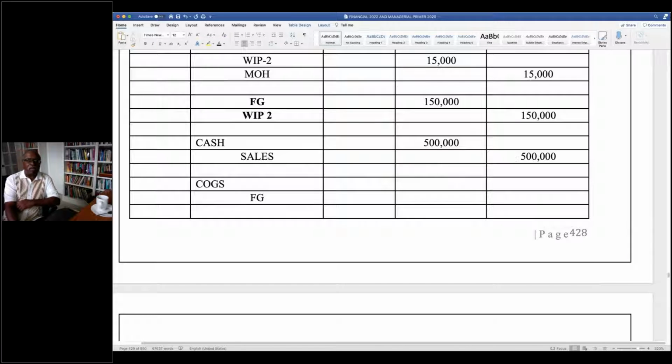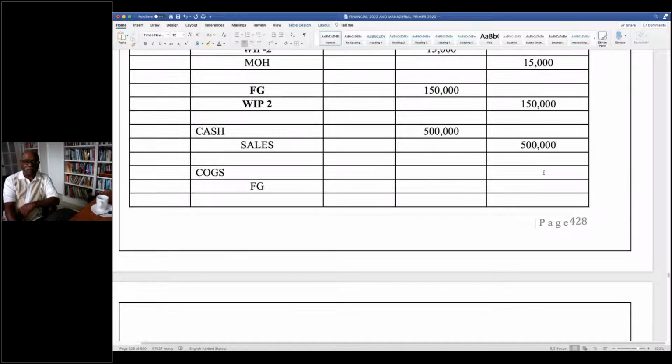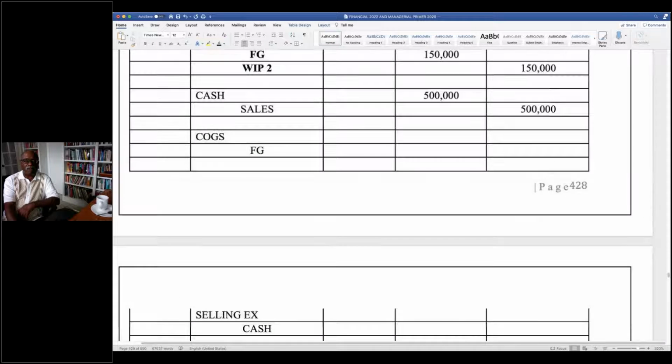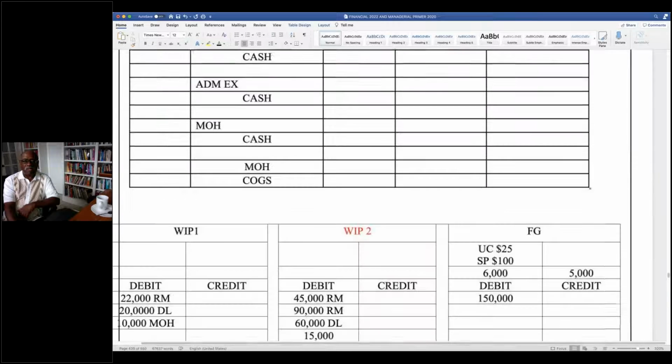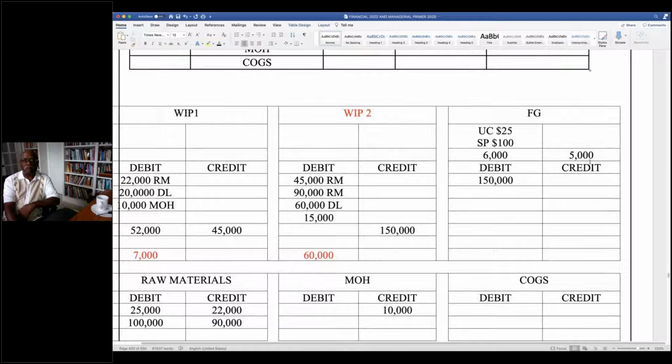What's our cost of goods sold going to be? To get that, we have to multiply the $25 unit cost by 5,000. How much is that going to be? 125,000. And that will make our next journal entry, the cost of goods sold and finished goods.